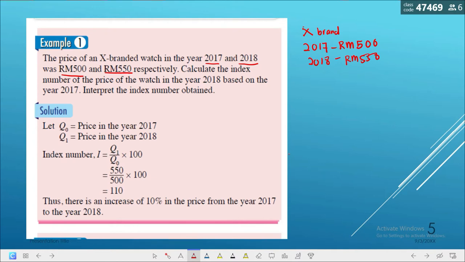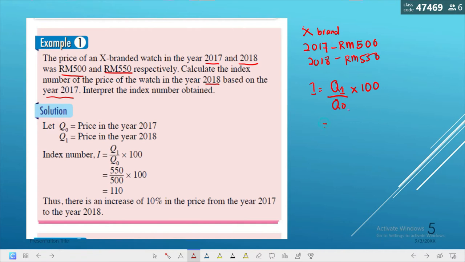Calculate the index number of the price of the watch in the year 2018 based on the year 2017. We use the formula I equals Q1 divided by Q0, times 100.